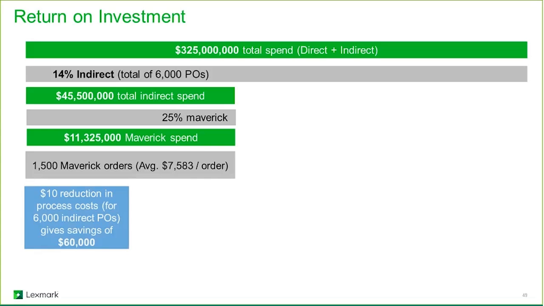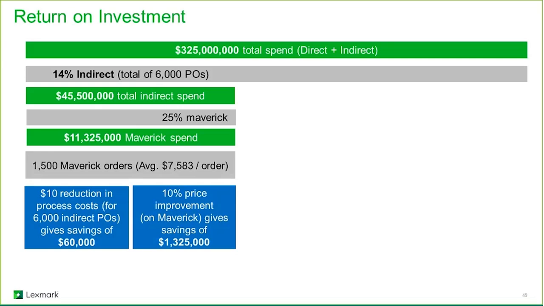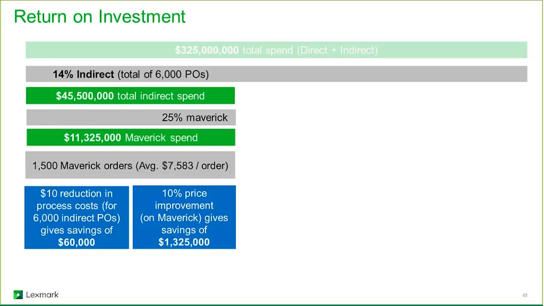If we had a $10 reduction in processing cost for the 6,000 indirect spends just through automation, we get a savings of about $60,000. Not very exciting given the level of total spend. However, if we have a 10% price improvement on our Maverick spend, we can generate a savings of over $1 million. This becomes very significant.